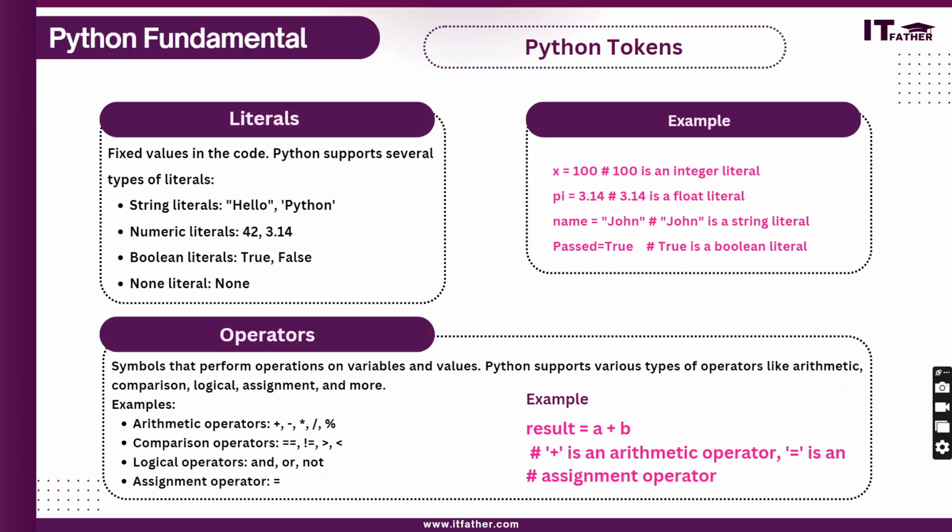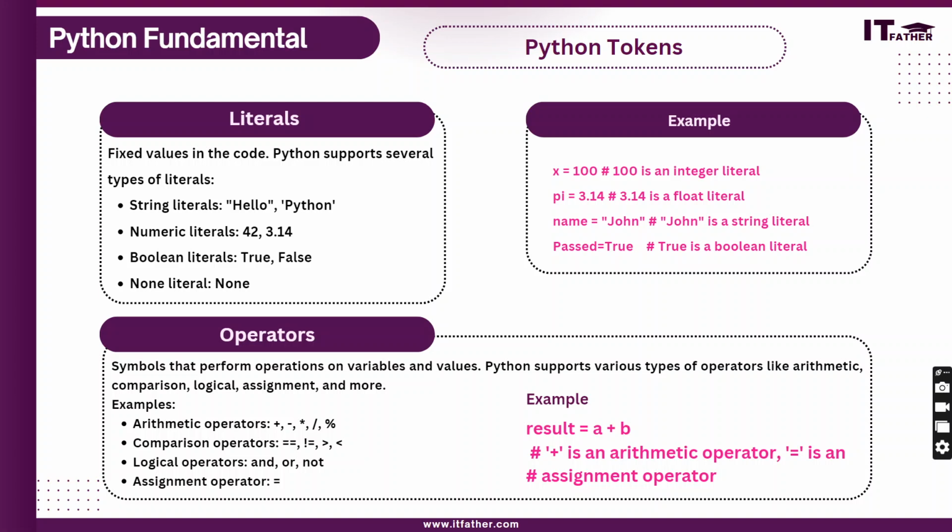Literals. What are literals? Now let us understand what is a literal. The fixed values used in code which cannot be changed are known as literals. For example, we write here name equal to Ravi. So Ravi is a kind of literal which can never be changed. Just like numeric values 42, 3.14, these are values which will never be changed. These are literals.